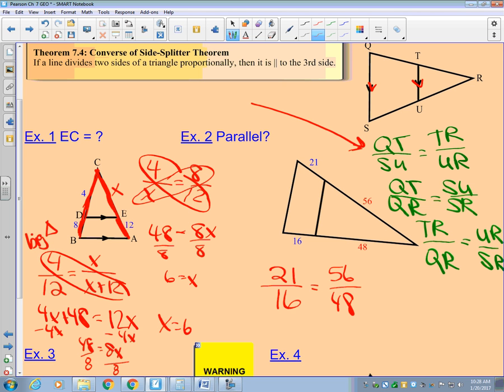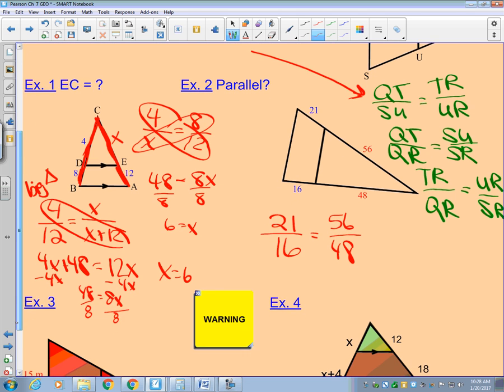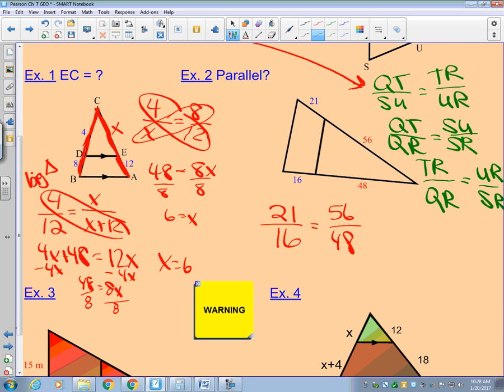So we have to reduce, reduce, reduce. By the way, this skill of reducing to lowest form, simplest terms, is something you'll have to do in your performance test. 21 over 16, 21 isn't even, so I can't cut it in half. 16 is just multiples of 2, so that doesn't quite work.